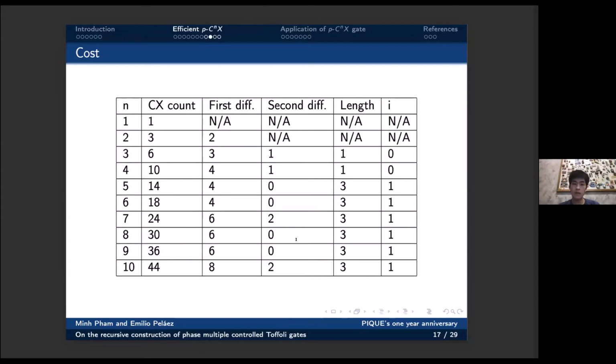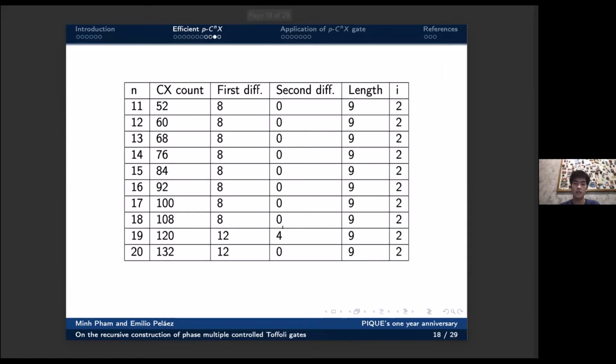Okay, so if we look at the second difference column here, we see that the second difference is non-zero at some points, but not at other values. If we look at the longer table, we generate like 400 values, which is not necessary because it's only better for the first 27 cases. But we see that the second difference is non-zero once in a while, and the distance between these non-zero values gets larger and larger as n increases.